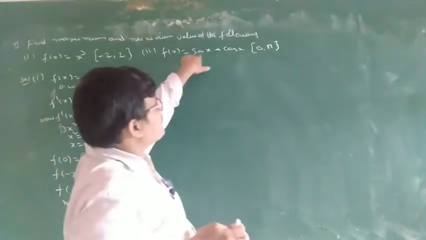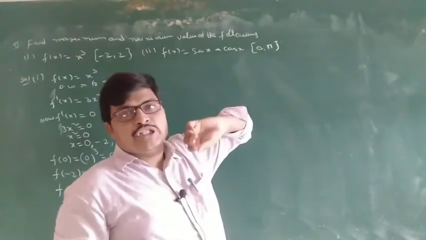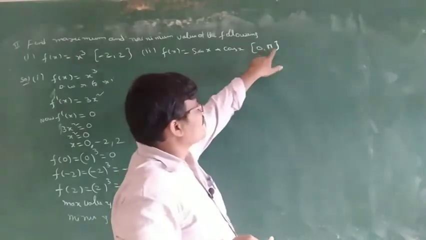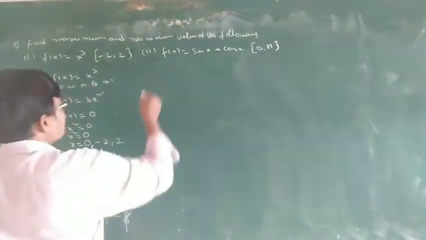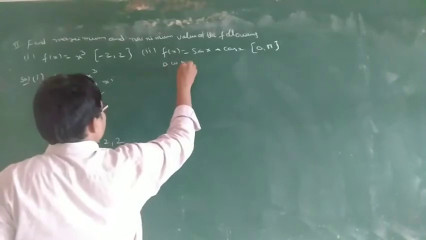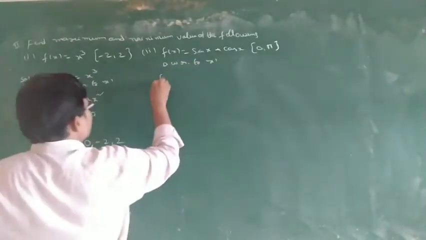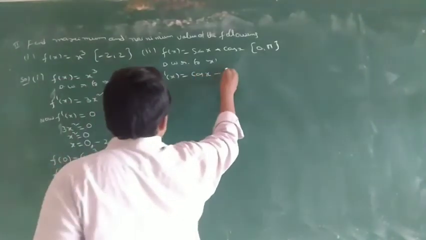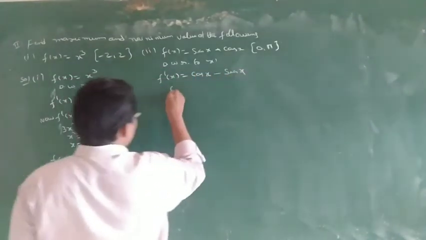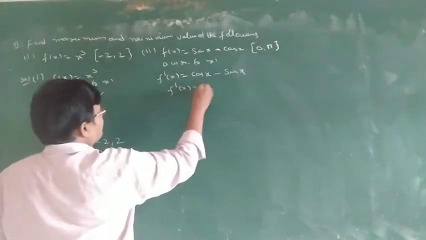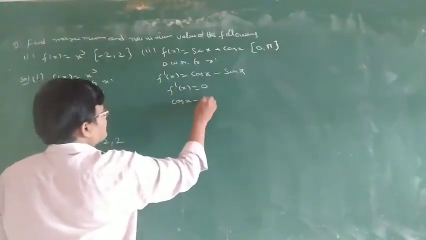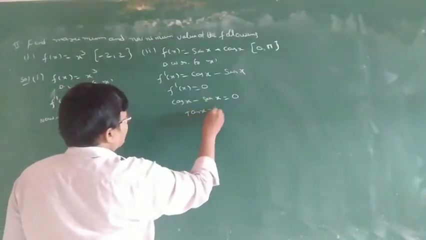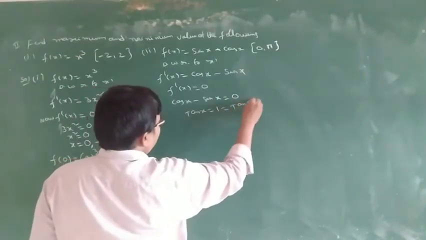Before problem: sin x plus cos x in the interval 0 less than x less than pi by 2, a closed interval. Differentiate with respect to x: f dash of x is equal to cos x minus sin x. f dash of x is equal to 0, so cos x minus sin x is equal to 0, tan x is equal to 1, that is tan pi by 4.